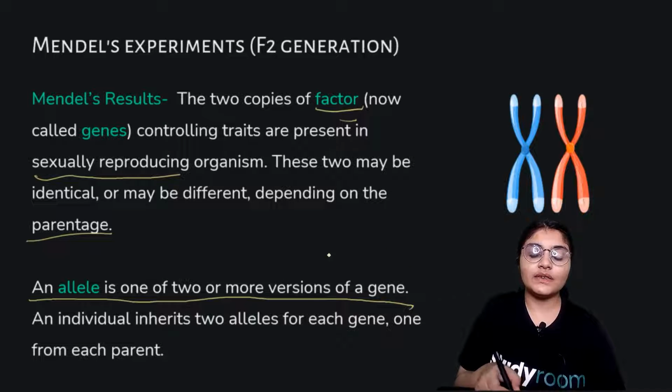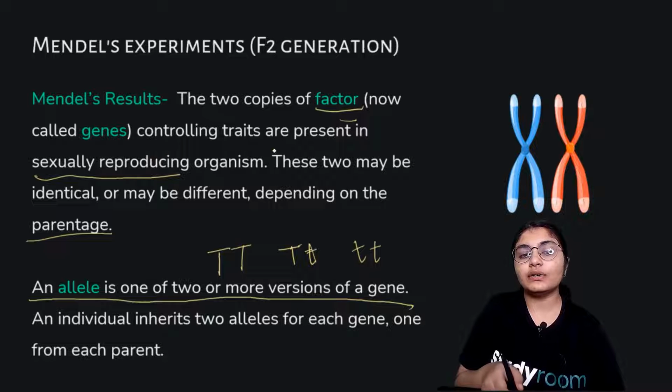Now, as we saw, there were certain genotypes, right? And these genotypes actually result due to the controlling of these factors, or these genes.